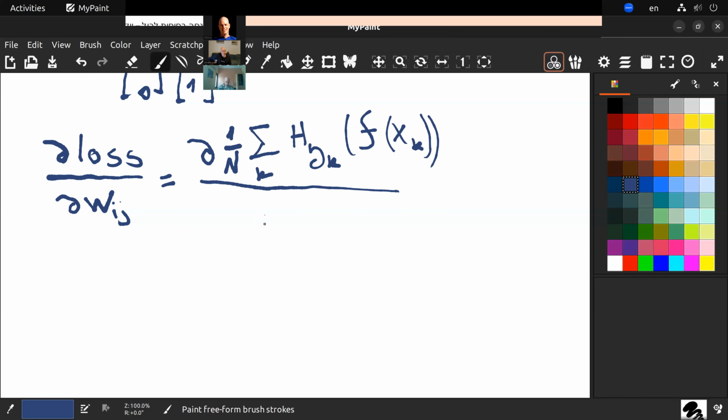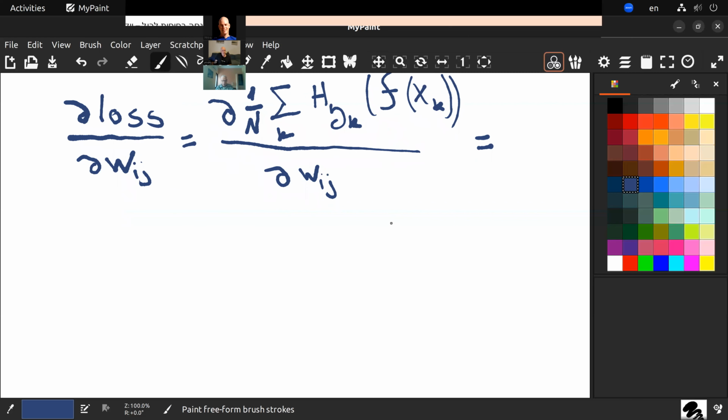Right, this is the definition? Yes, and F is not so simple because it's a composite function. Now you understand why I chose to use K instead of I, because I want I to be here. Sure. Okay, so let's use the linearity of derivation, and we'll put it inside.